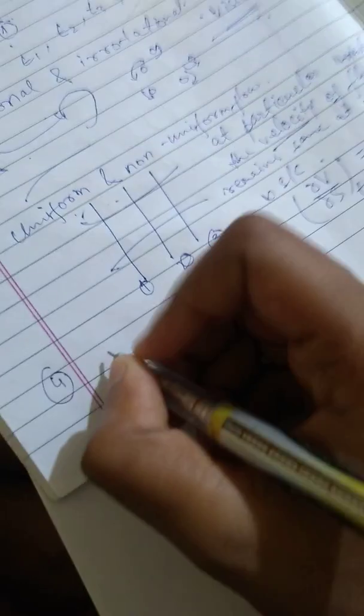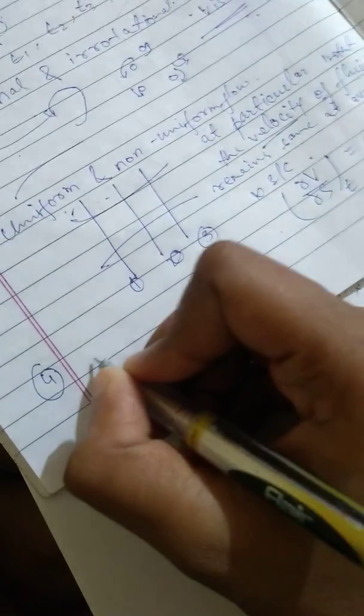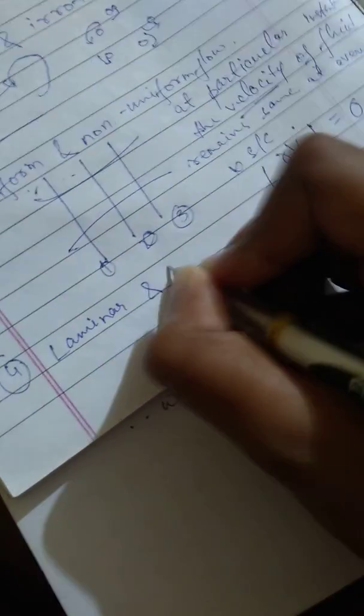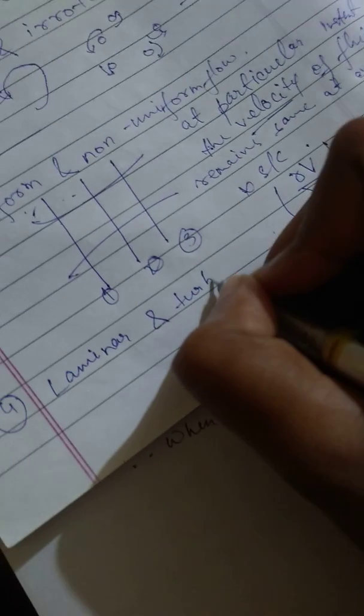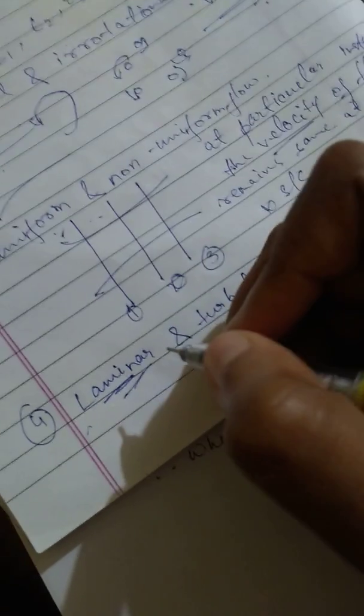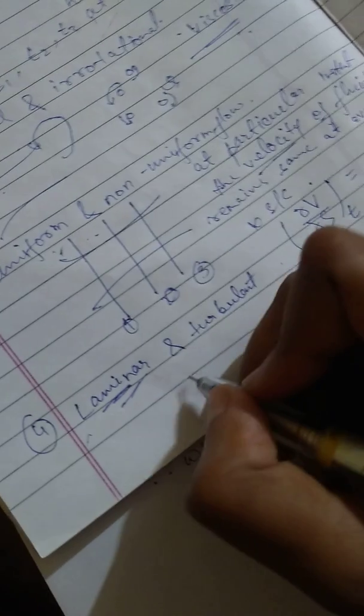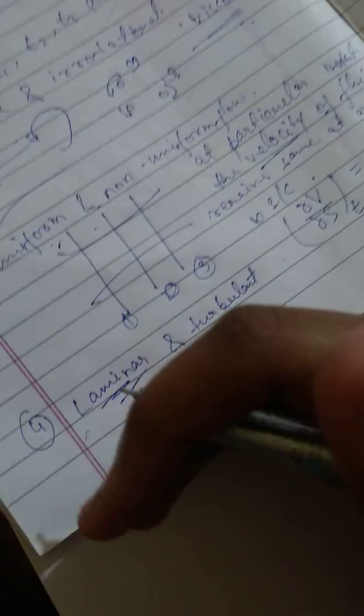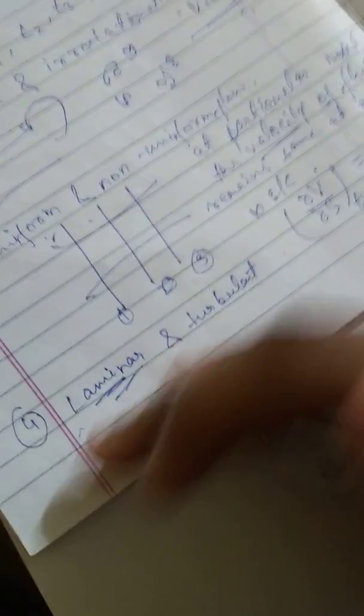And the last one, which you all might have heard, is laminar and turbulent. What is laminar? It comes from lamina. All the fluid will flow as if flowing in layers.